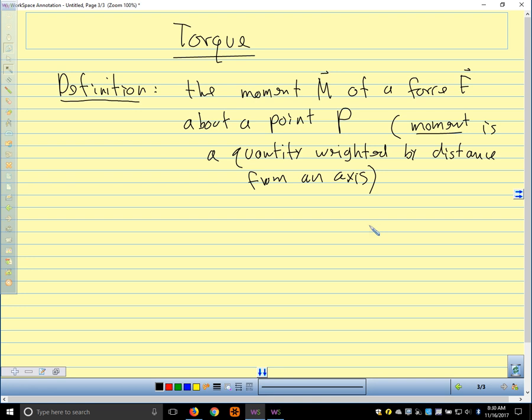So we're interested in the distance of this force from an axis, and the bigger the distance, the bigger the moment. The smaller the distance, the smaller the moment.